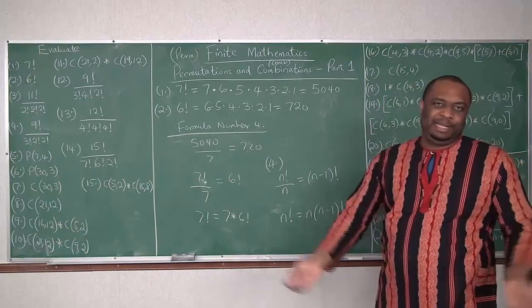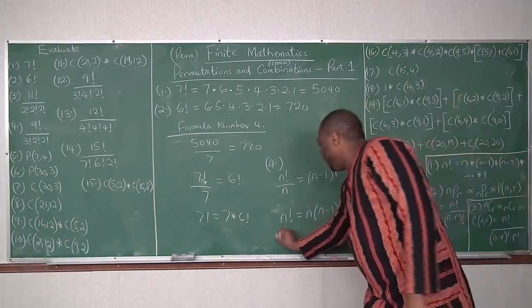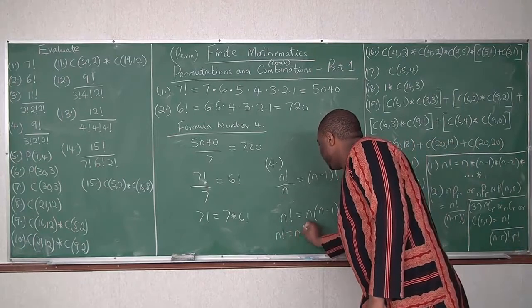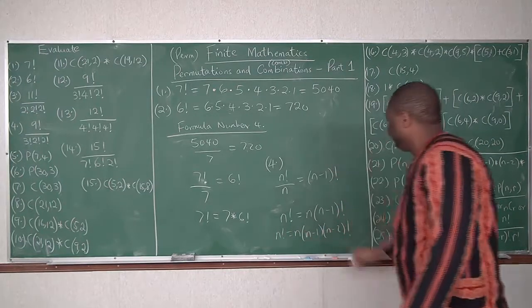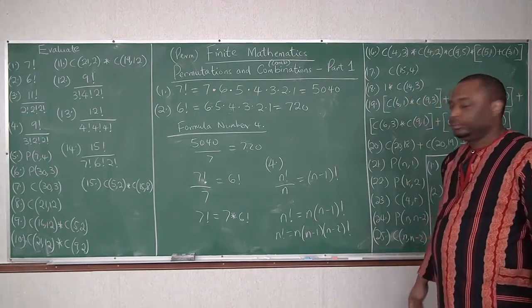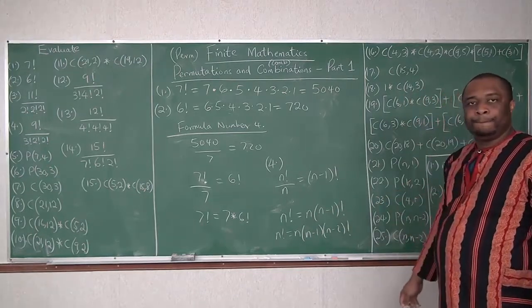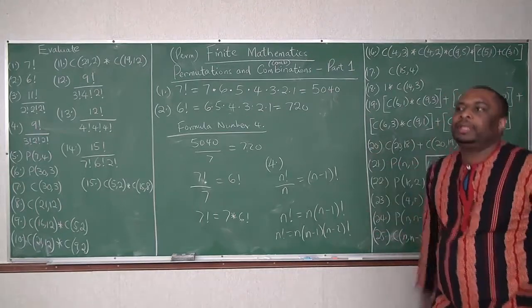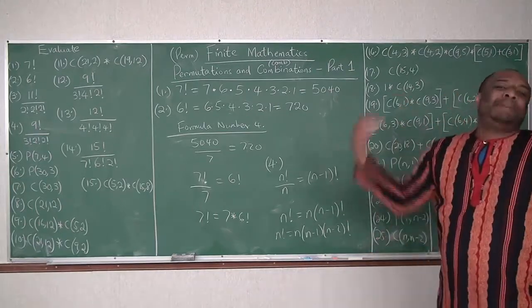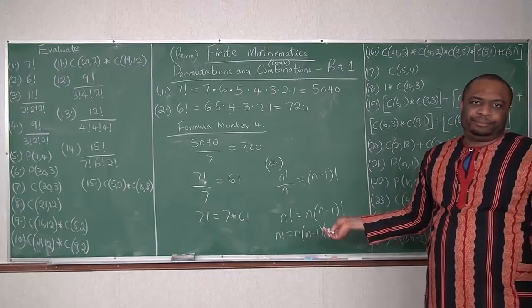And it continues like that. n factorial is equal to n times (n minus 1) times (n minus 2) factorial. n factorial is equal to n times (n minus 1) times (n minus 2) times (n minus 3) factorial.